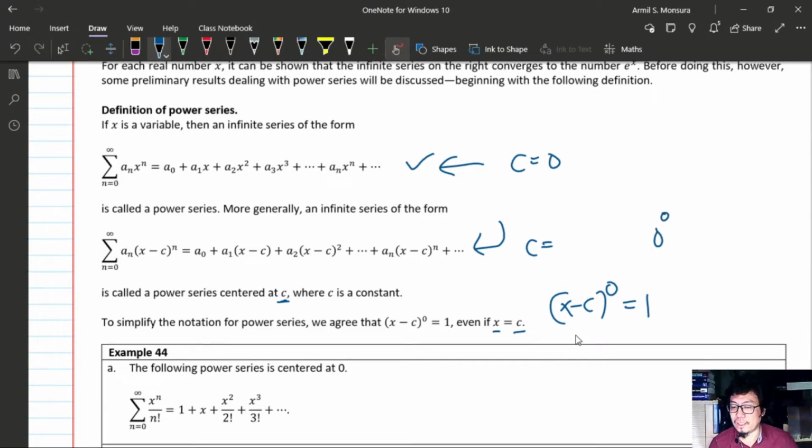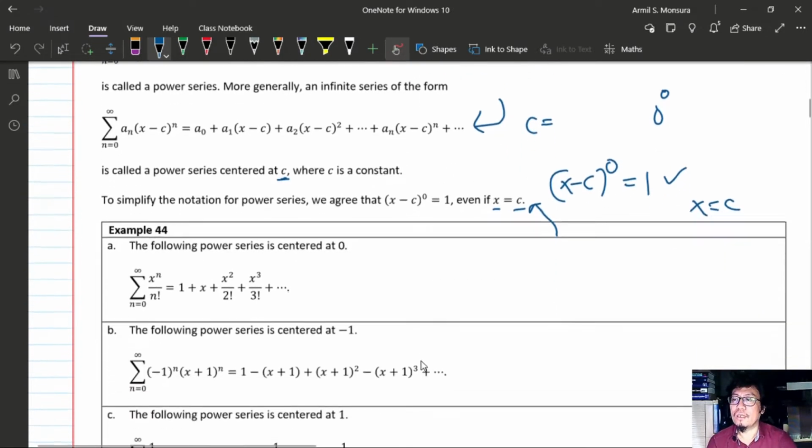But we will agree to this just to have a simpler notation, and mathematically this is also a more convenient way of doing it. We agree that this symbol still holds true if x equals c. There will be no harm in terms of its mathematical meaning when we use this definition.